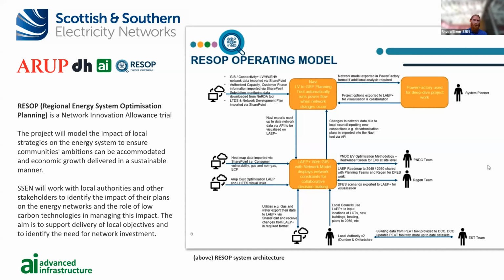So what we're trying to do is, instead of the local planners not having any visibility of what our planners have, we are providing our network data in a nice, easy to use red, amber, green format, green being no constraint, red being there is a constraint, amber probably going to be a constraint soon. So easy for anyone to use.